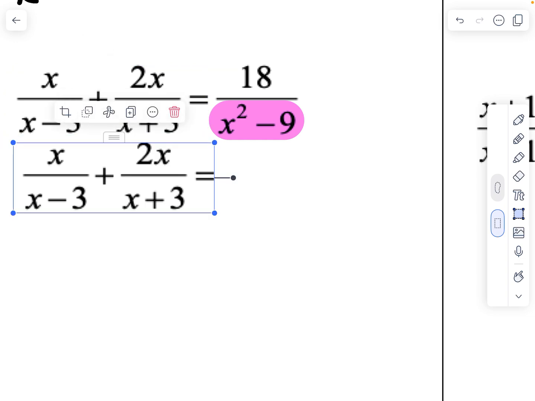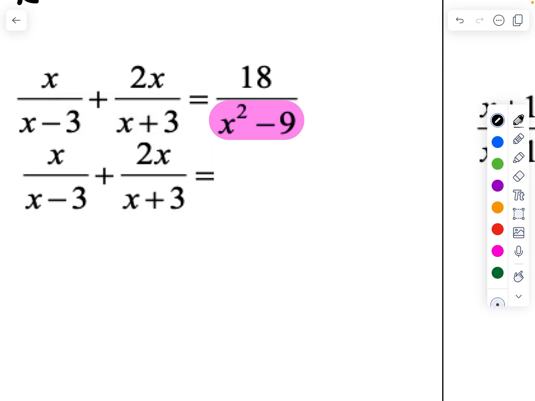That's not changing, and this is going to say equals 18 over x plus 3, x minus 3.